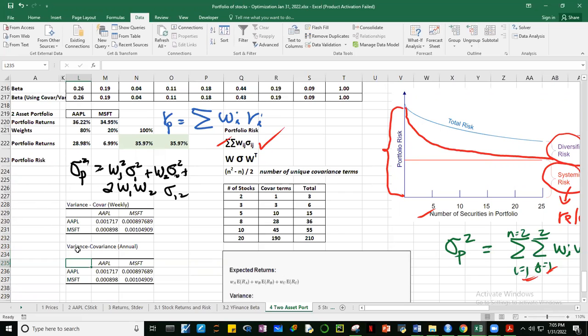Okay. So, how do we convert this, guys? This is variance, di ba? How do we convert weekly variance into annual variance? What do we multiply it with? Guys, please chat. We have weekly variance. We want to convert it to annual variance.